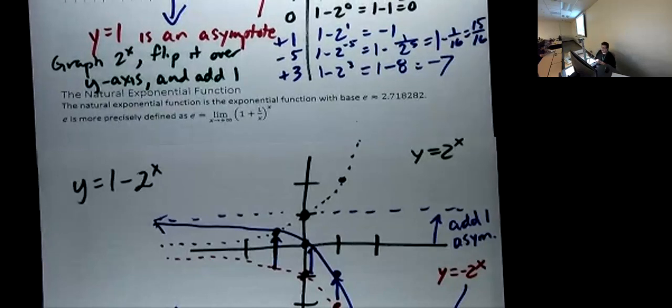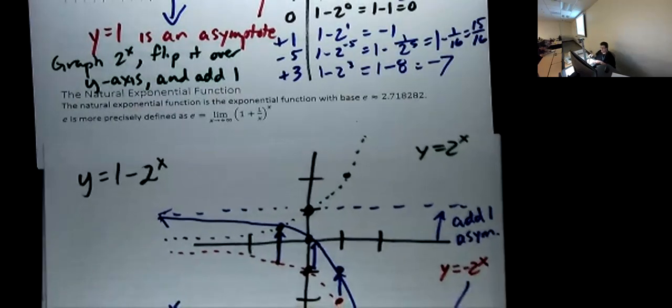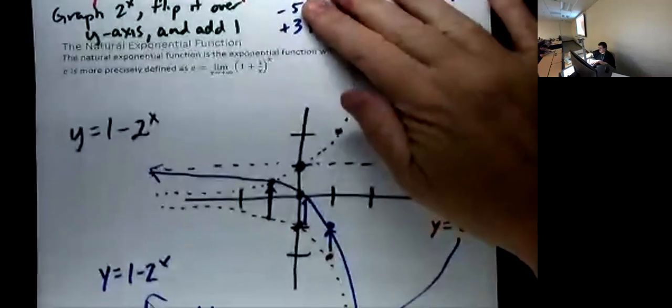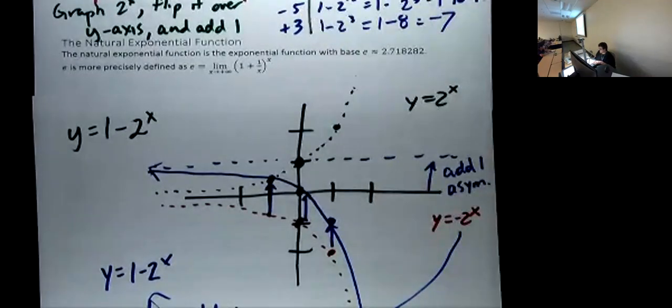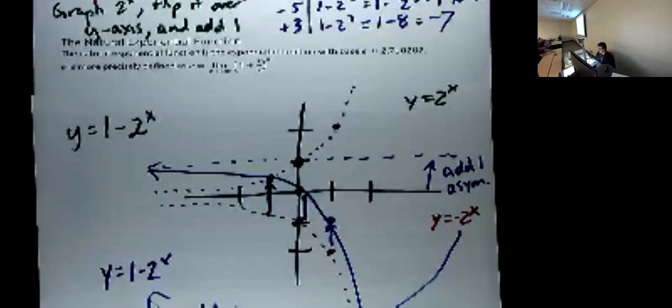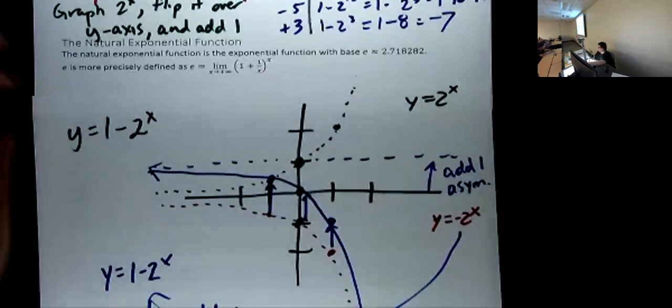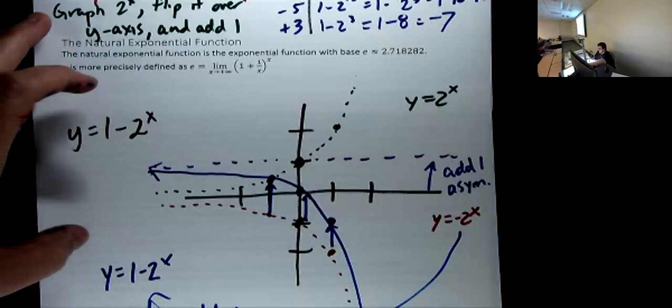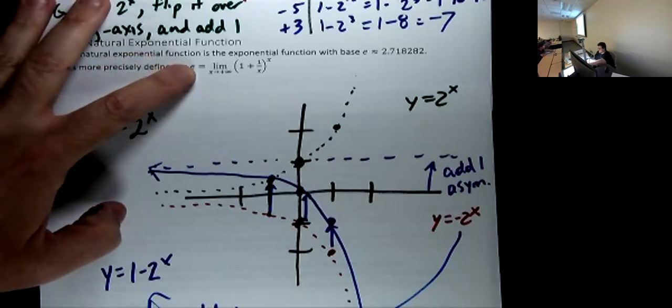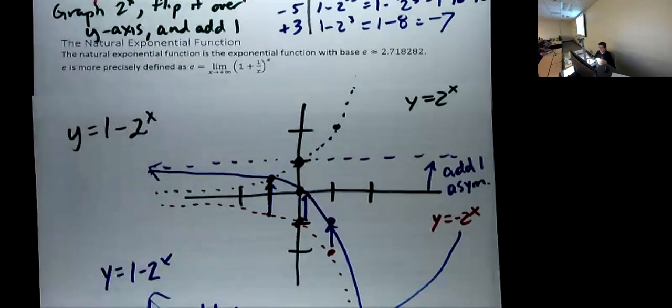E is considered the natural base. And we've all seen E before. But E is actually defined with limits. I think I told you guys this in one of the beginning days. It's the limit as x goes to infinity of 1 plus 1 over x, all to the x power.